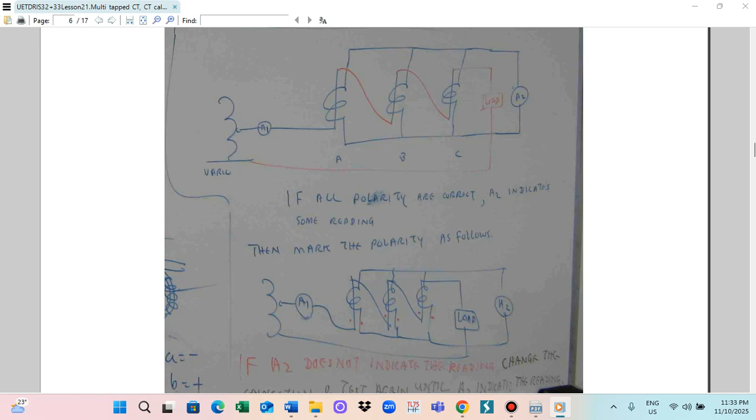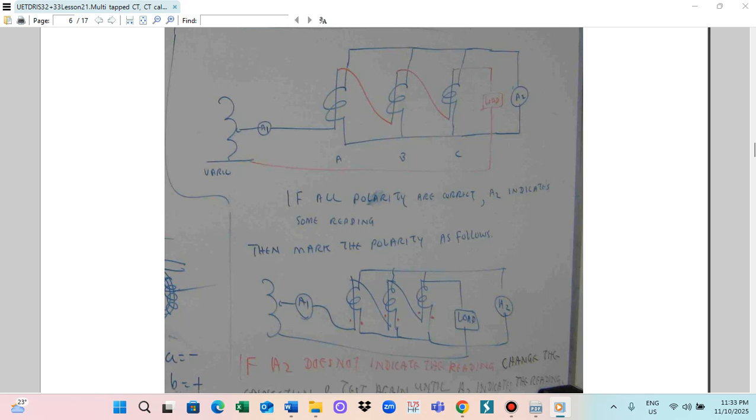Then we inject. In this case, if your polarity is correct, the currents will combine and you can see the ammeter reading. If the polarity is not correct, the magnetizing flux of one winding is opposed by another, so the ammeter will not point. This is the way you can check.